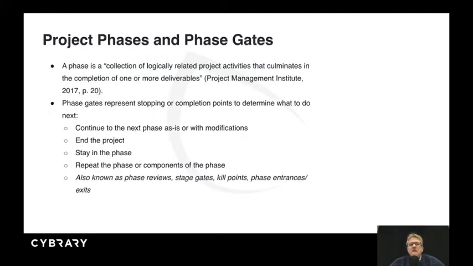Okay. Phase gates are when we move from one phase to the next. So if I'm developing a manual, phase 1 might be research, phase 2 might be create a rough draft, phase 3 might be proofread. So at the end of each of those phases, I'm going to have something called a milestone.